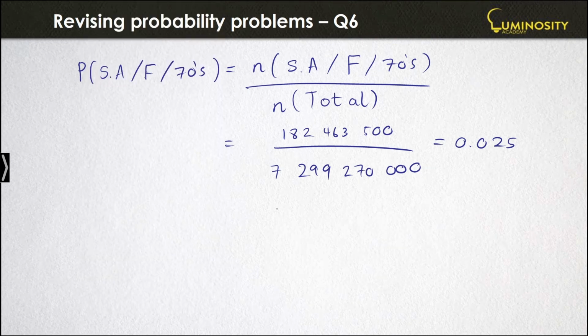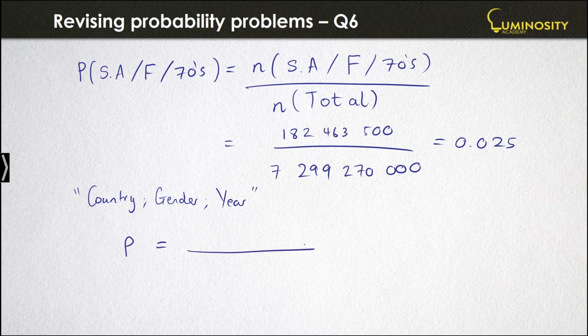But if we just focused on the key variables, which were country, gender, and year, then we could have simplified the problem as follows. The same probability would essentially be the criteria for these 3 divided by the total criteria in general.